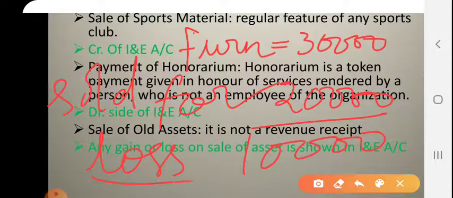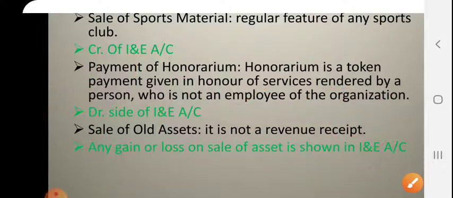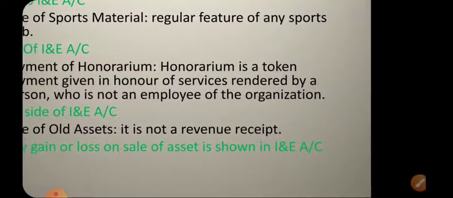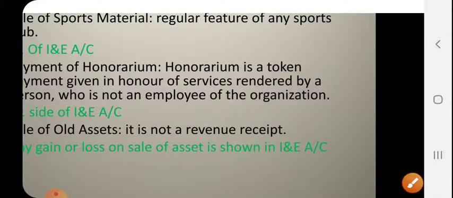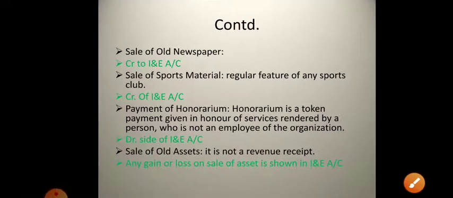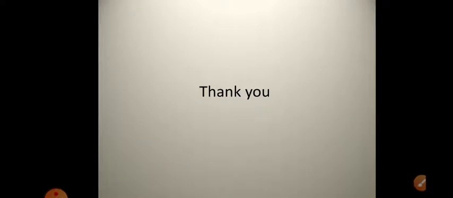The loss is going to be shown in the income and expenditure account. So in this transaction a loss was incurred. Suppose in another transaction a gain is incurred, so the gain or loss is going to be shown in the income and expenditure account.